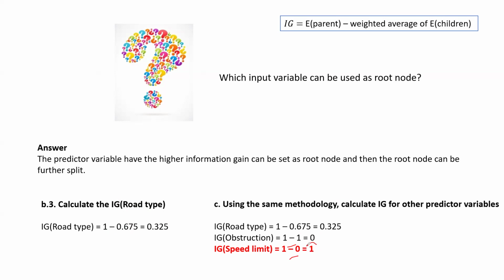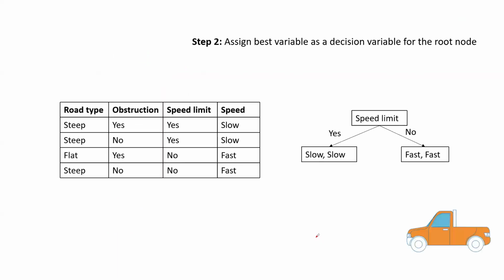So from this, we come to know that the predictor variable speed limit has the highest gain. So we'll use speed limit as the root node. And when we split on speed limit as the root node, it has two children, yes and no, where yes is the slow label and no is the fast class.